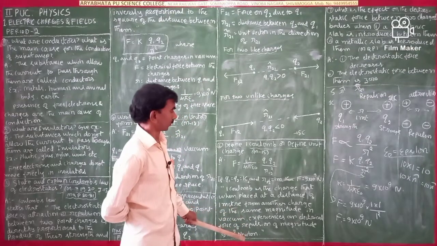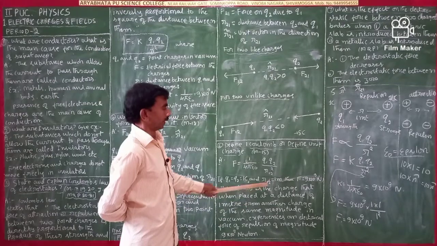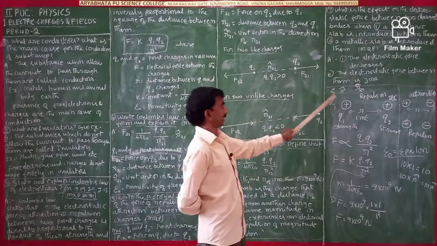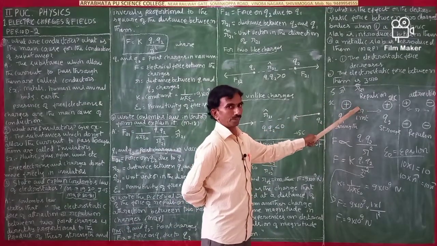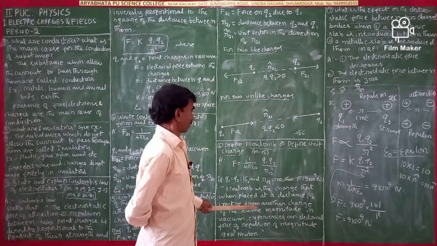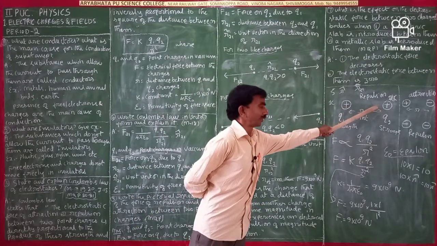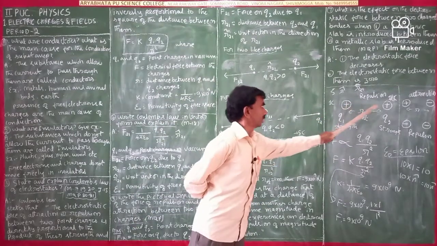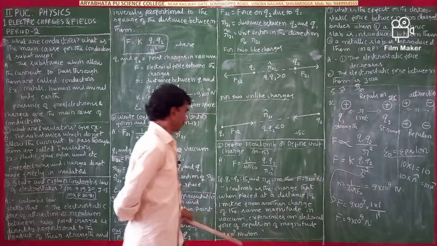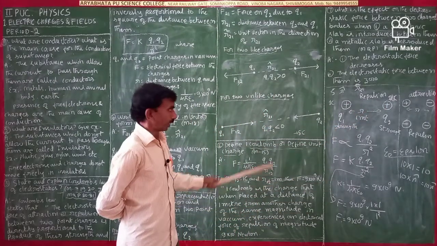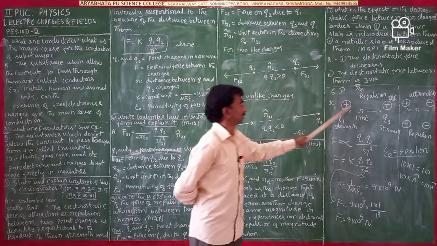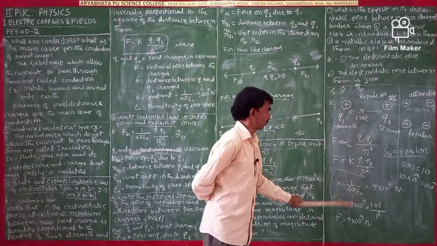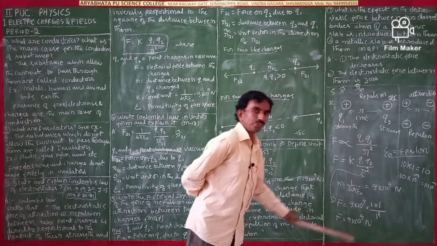This expression you have to write. 1 Coulomb is the charge that, when placed at a distance of 1 meter from another charge of the same magnitude in vacuum, experiences a force of 9 into 10 to the power of 9 Newton.